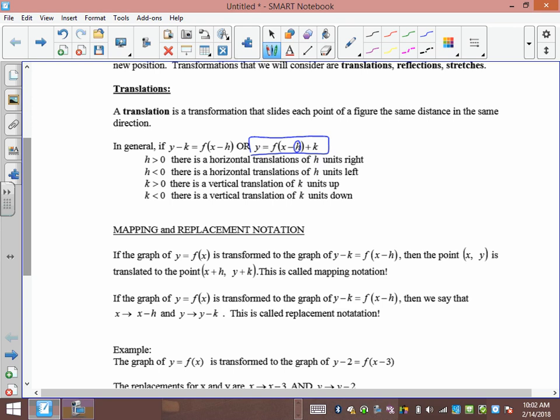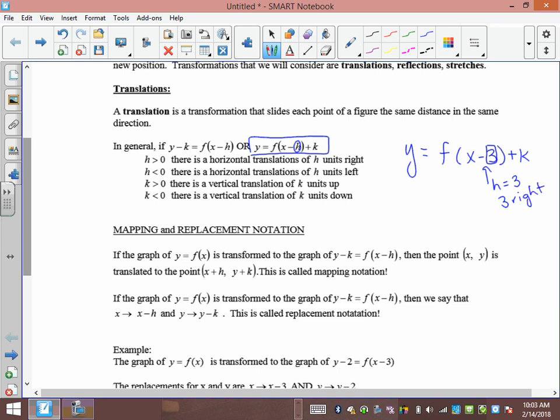So you move to the right. And you move to the right because h is actually positive. We're only looking at what the h would be. Okay, so if you had y equals f of x minus 3 plus k, let's say, your h is actually 3. So you're going to move 3 right.